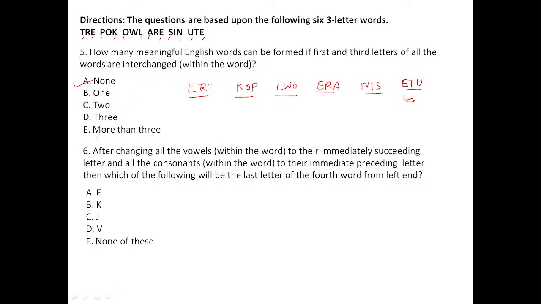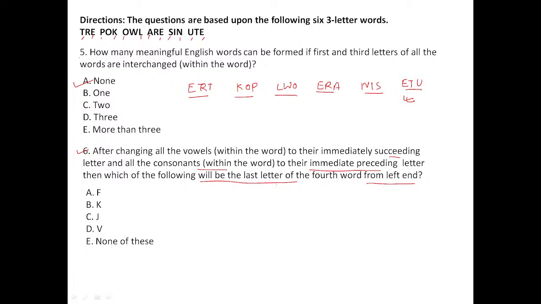So moving to question number 6 here. After changing all the vowels within the word to their immediately succeeding letter and all the consonants within the word to their immediately preceding letter, which of the following will be the last letter of the fourth word from the left end?